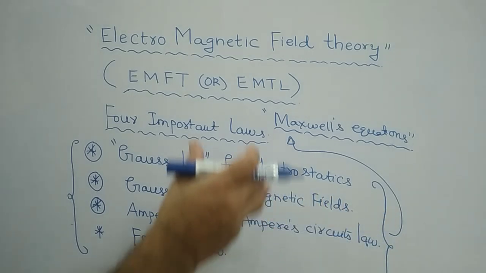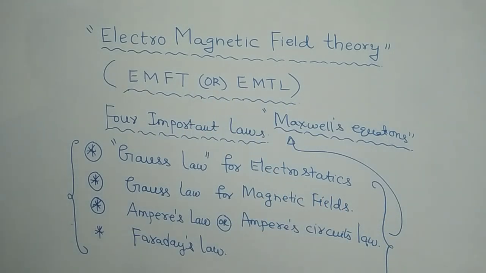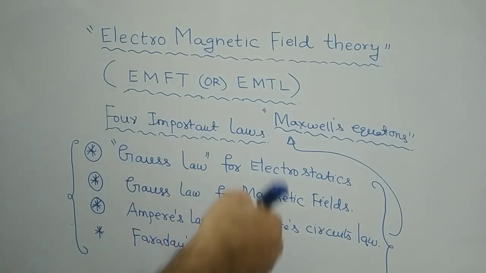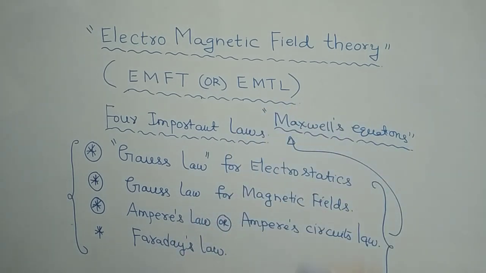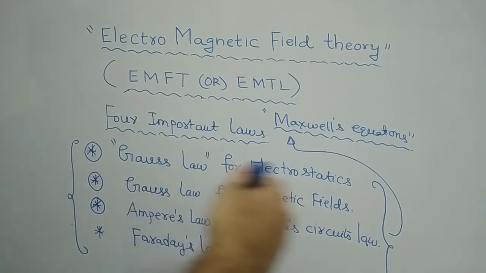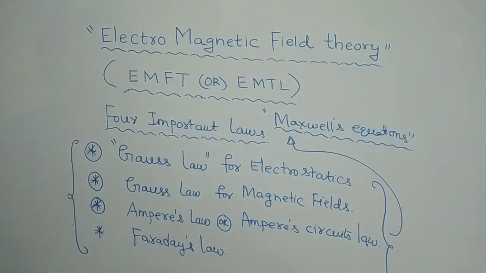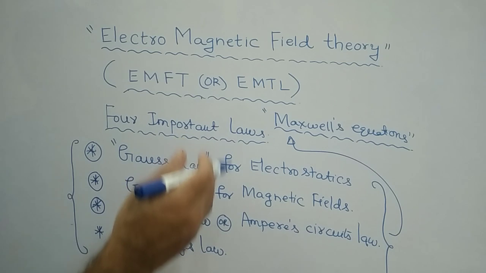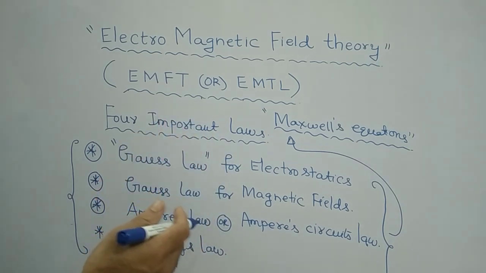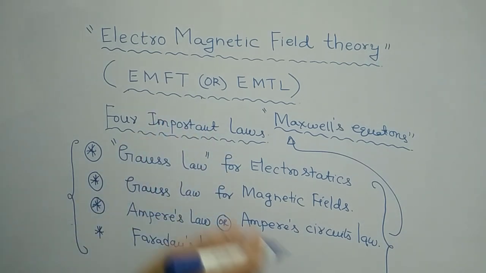Therefore, sometimes in your examinations you will be asked to explain Maxwell's equations in differential form, and similarly to explain Maxwell's equations with their statements in integral form. In the integral form you need to give all four equations by mentioning the statements of those laws.